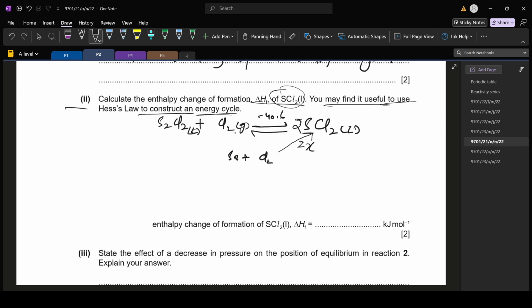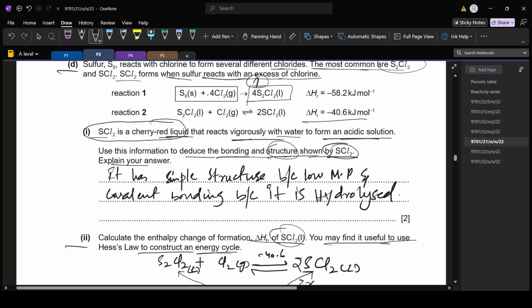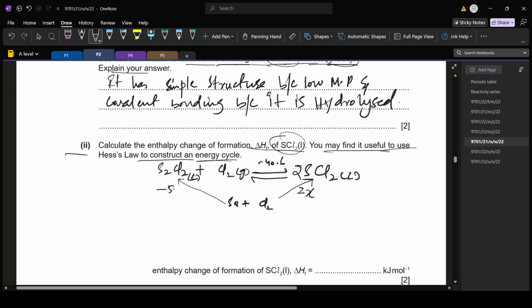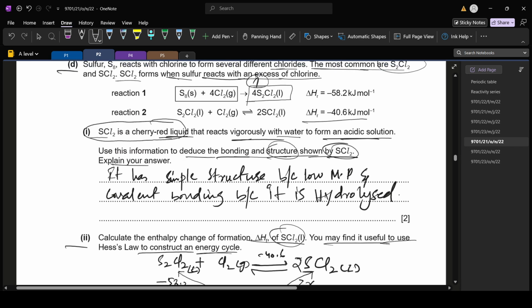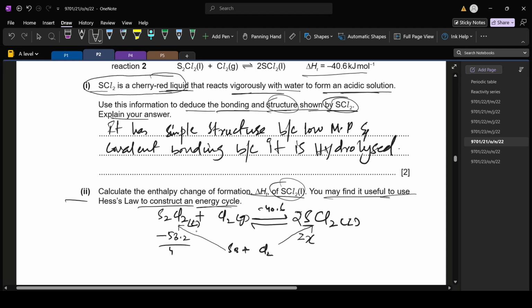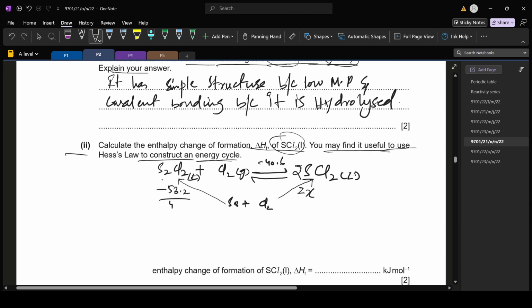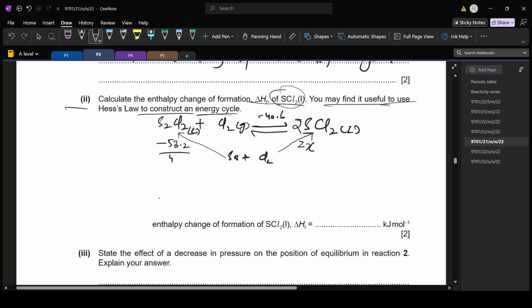This is what we have to find. You are given the enthalpy change of this reaction, but this is not the enthalpy change of formation because 4 moles of S2Cl2 are formed. So if you divide this minus 58.2 by 4, you will have 1 mole of S2Cl2. Now this is your enthalpy change of formation of S2Cl2. I hope you understand that. Now you can calculate the enthalpy change of formation of SCl2.